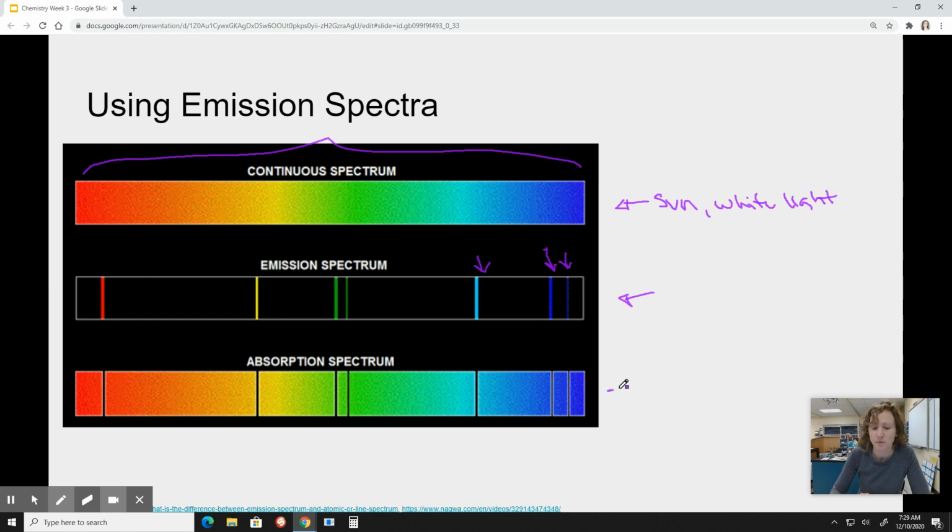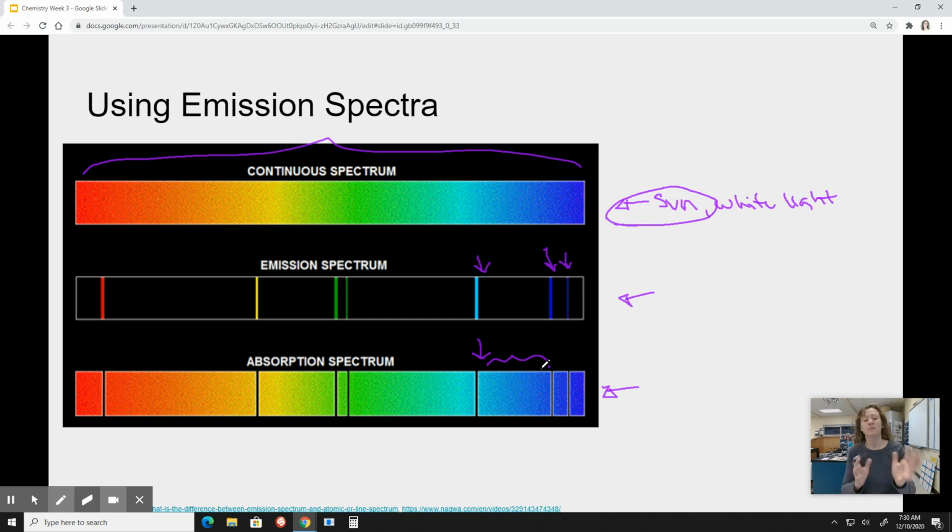Now, an absorption spectrum also exists. You may hear this one referenced. It's actually just the inverse. It's not the light emitted by a source. It's actually the light absorbed. So if you throw sunlight at a hydrogen atom, it is going to emit this very specific wavelength. It's going to absorb all these other ones.